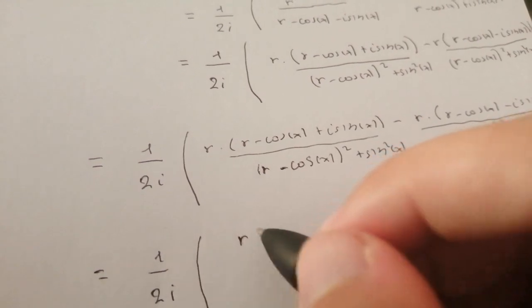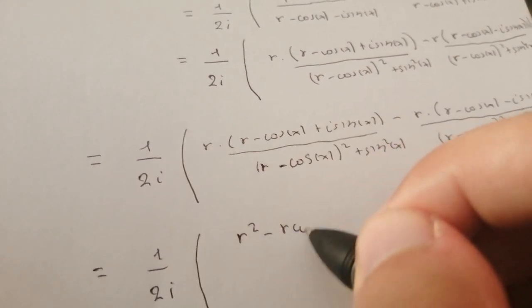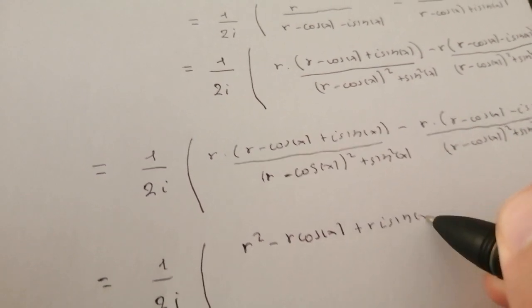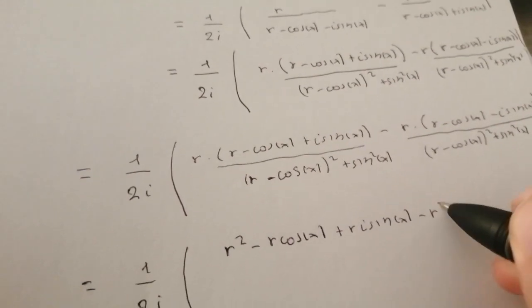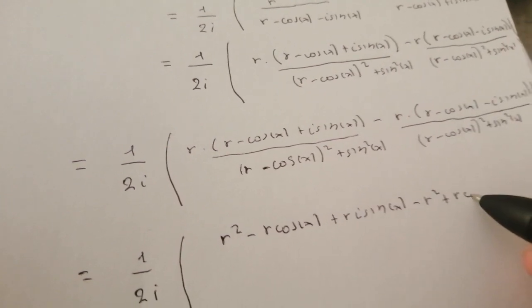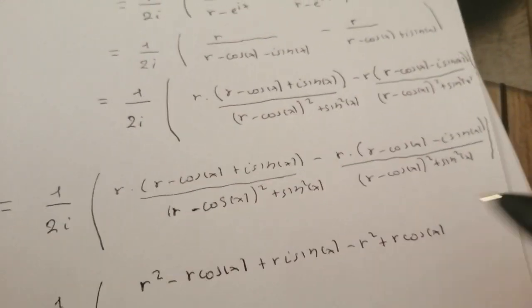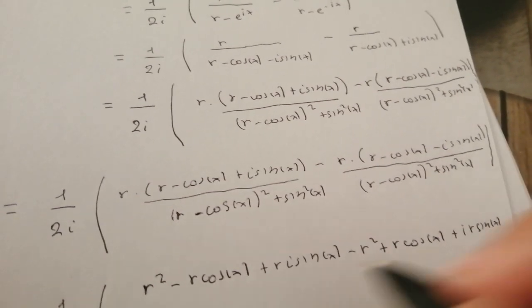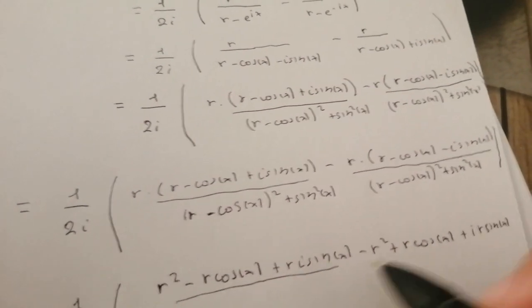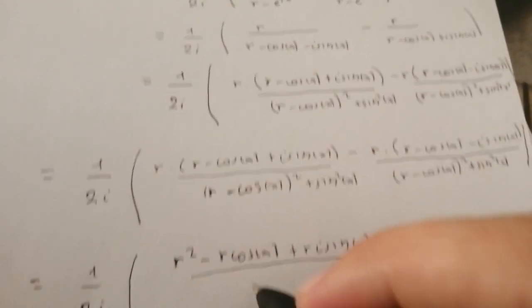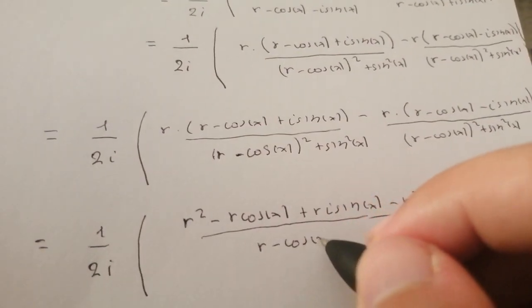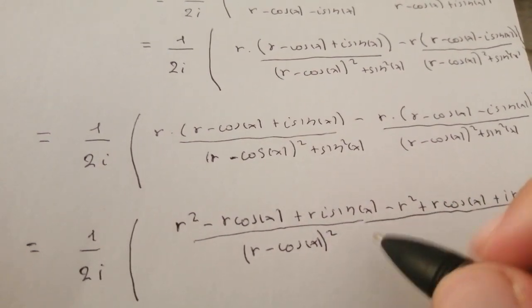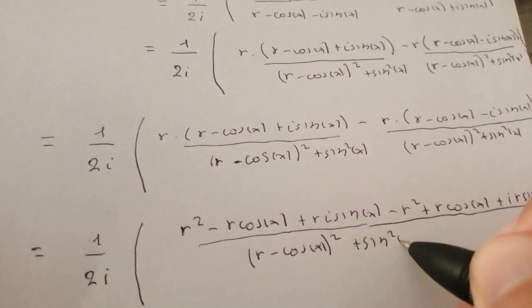So this is r squared minus r cos x plus r i sin x minus r squared plus r cos x plus i times r sin x, and the denominator is (r minus cos x) squared plus sine squared of x.